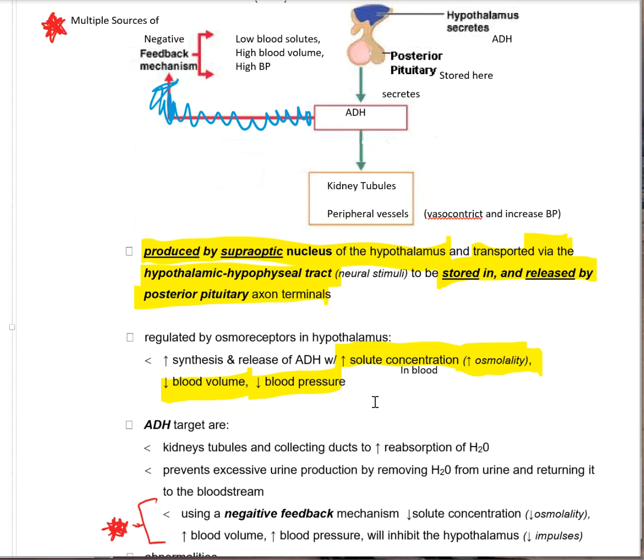And so remember, ADH is antidiuretic, so it wants to bring water back for us and conserve water, which would decrease our solutes and increase our blood volume. That would also, because when blood volume goes up, blood pressure goes up. So if we see any of these three things, we get nervous that our blood volume and blood pressure are going to be too low, and we release ADH.